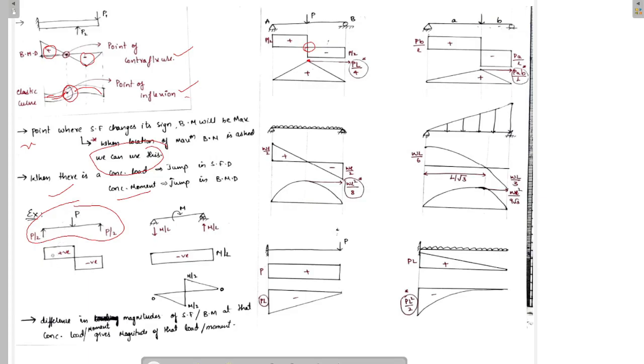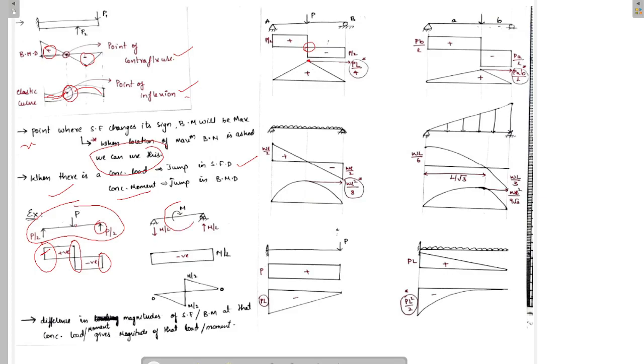If we look at the shear force diagram of this, there is a jump here because of this concentrated load, here, and here. So I think this point is clear now.